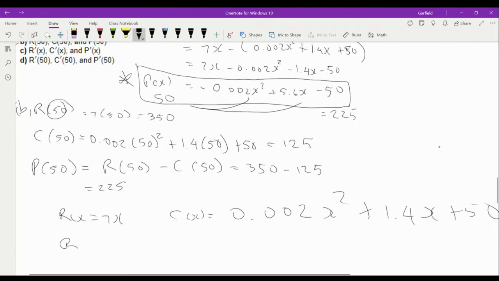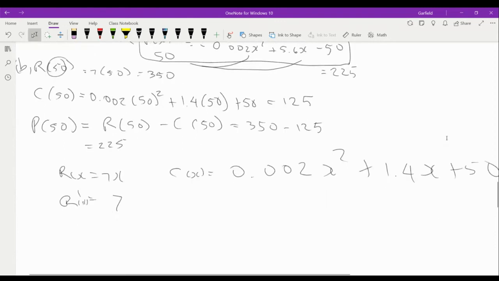So R prime of x is equal to 7. And C prime of x would be equal to 0.04 x plus 1.4.